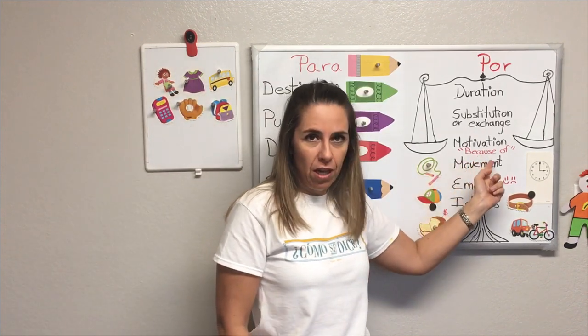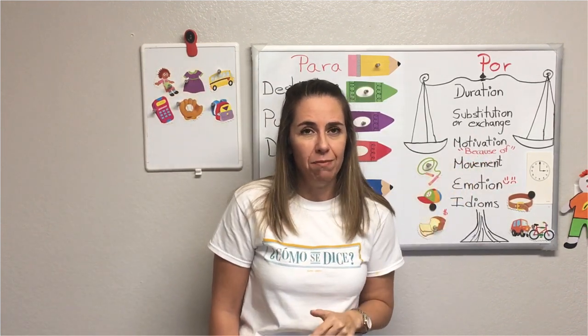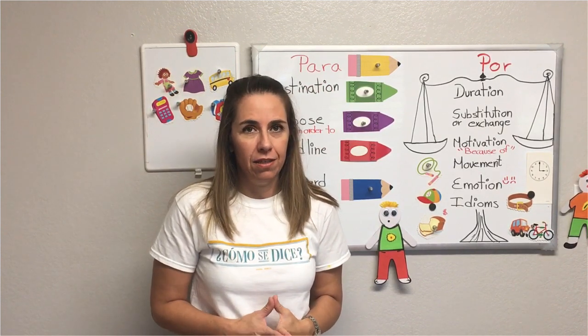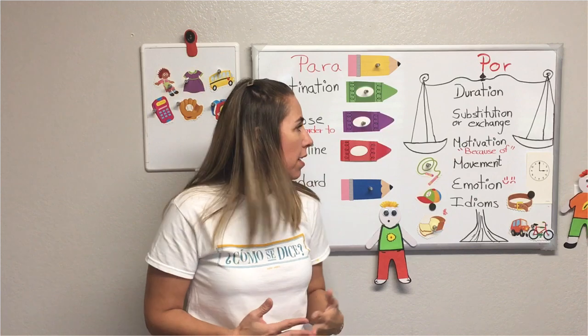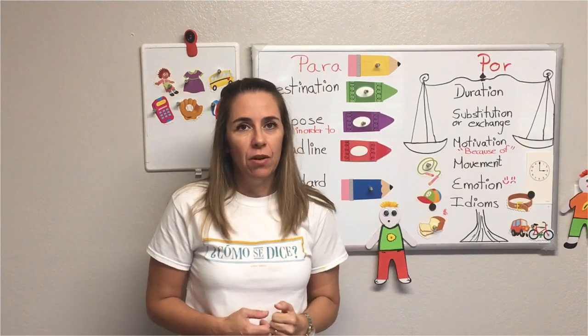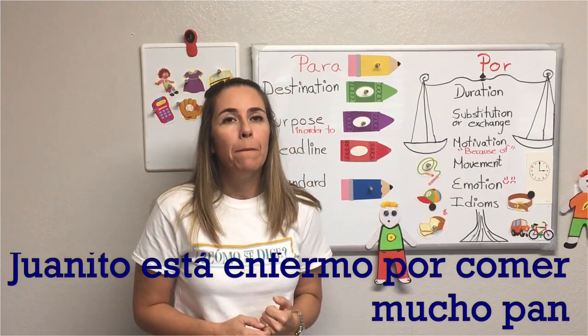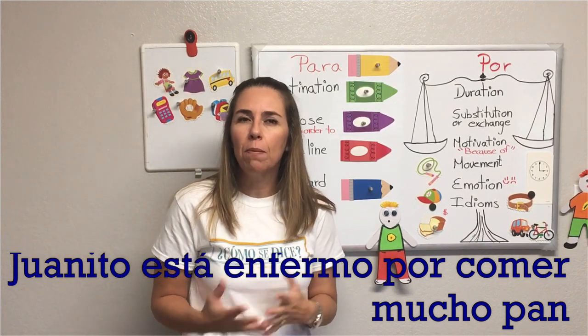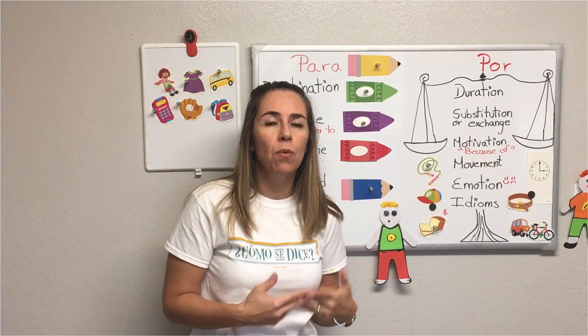And if it's because of, you're going to use por. For example, Juanito is sick because he ate a lot of bread. Because of. Juanito está enfermo por comer mucho pan. I can say por comer mucho pan or porque comió mucho pan.